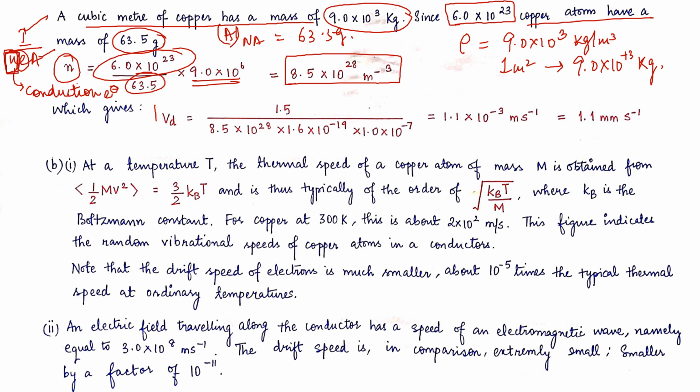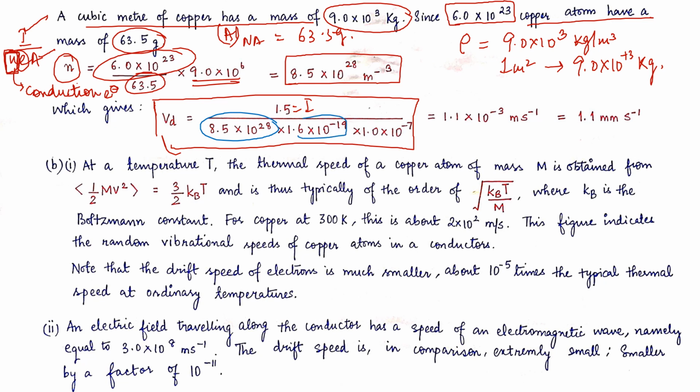Now we will substitute this in the formula of Vd, that is drift velocity. Current, this is current 1.5, divided by number of atoms into charge on each atom into the cross-sectional area.